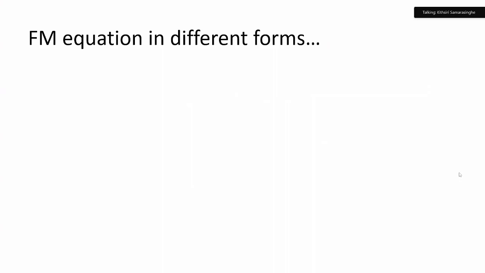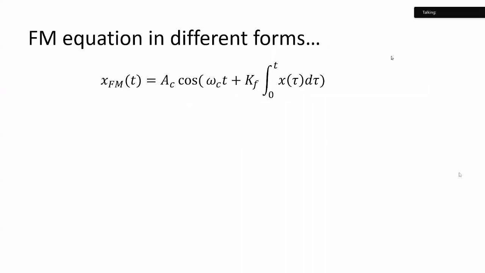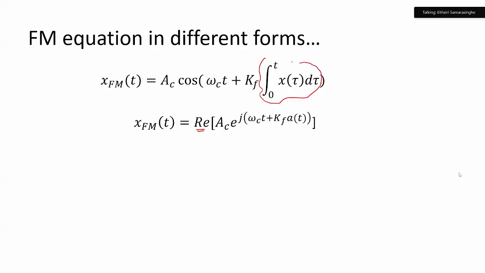Let's see another form of writing this equation. This is what we already wrote. It can be written in exponential form like this: real part of e to the power j omega ct plus kf into this whole integral term. Because it's difficult for me to write all that, I will write this as a(t), a function of time.